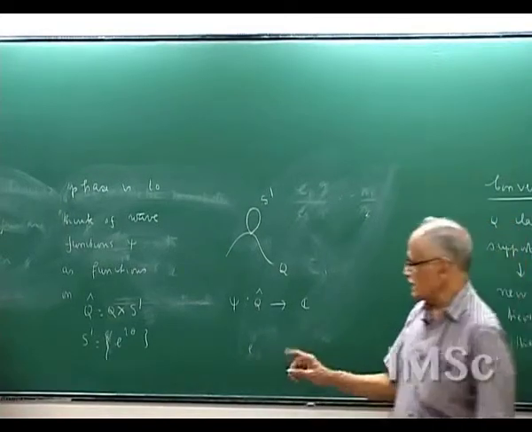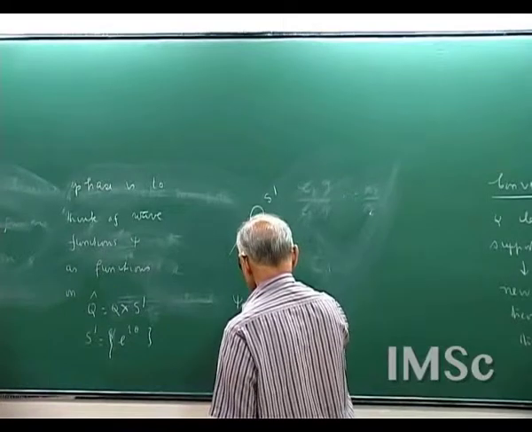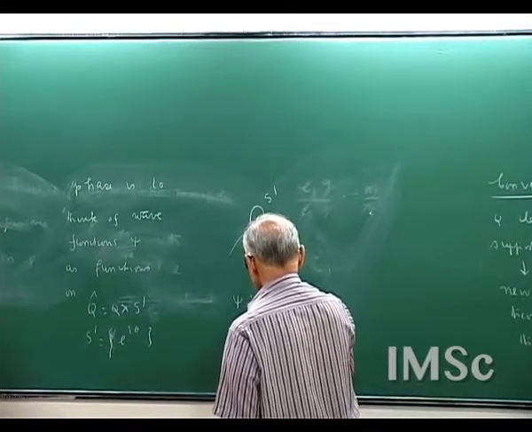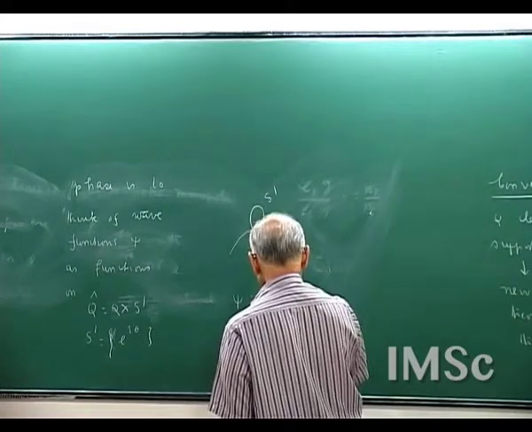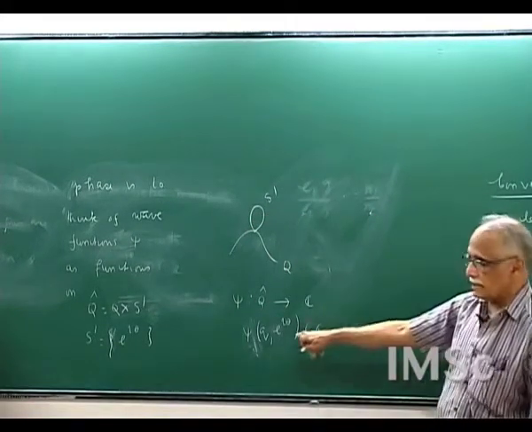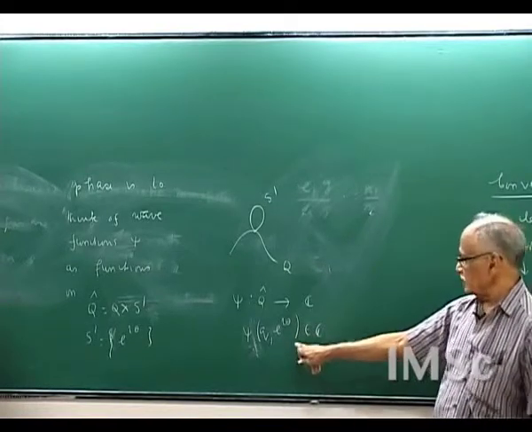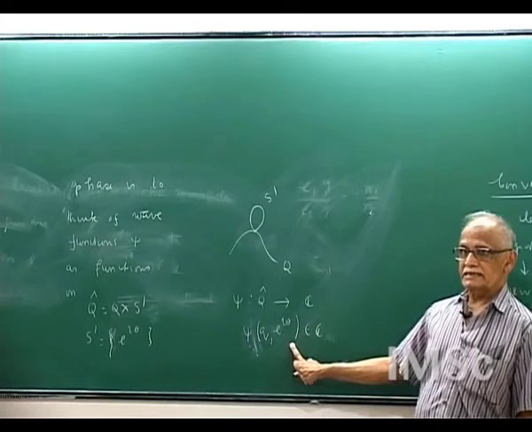This function psi takes a point (q, e^{i theta}) and gives you a complex number, but it cannot be any arbitrary complex number, because when I take psi star psi I should not be able to see the phase.